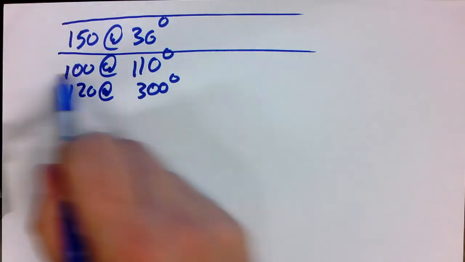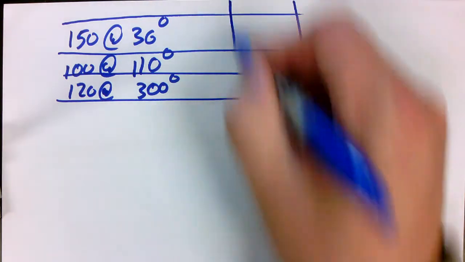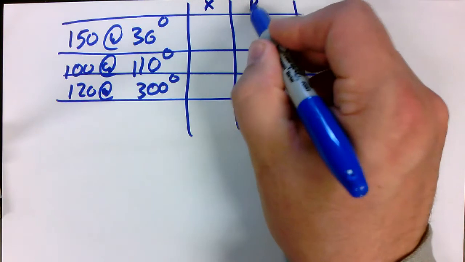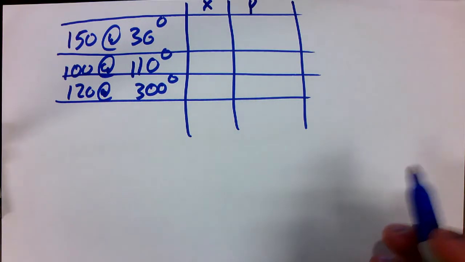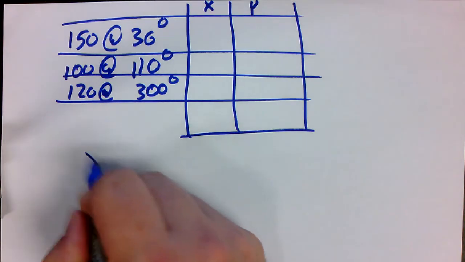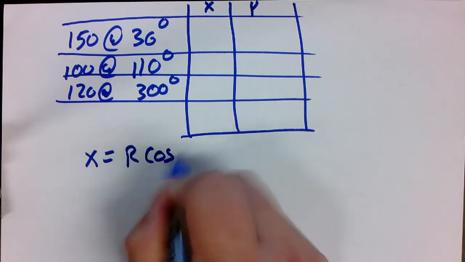What we are going to do is make what I'm going to refer to as a vector table. A vector table is going to divide this up into its x and y values. To find the x value, you will always use r cosine theta.